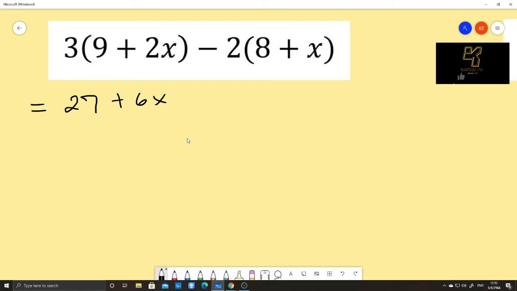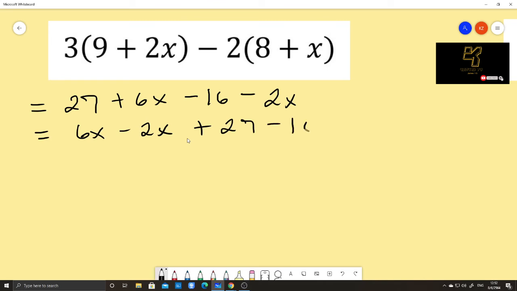Next one, Pirada. Help me out. Negative 2 times 8, 16. Negative 2x. So let us have 6x minus 2x, then plus 27 minus 16.